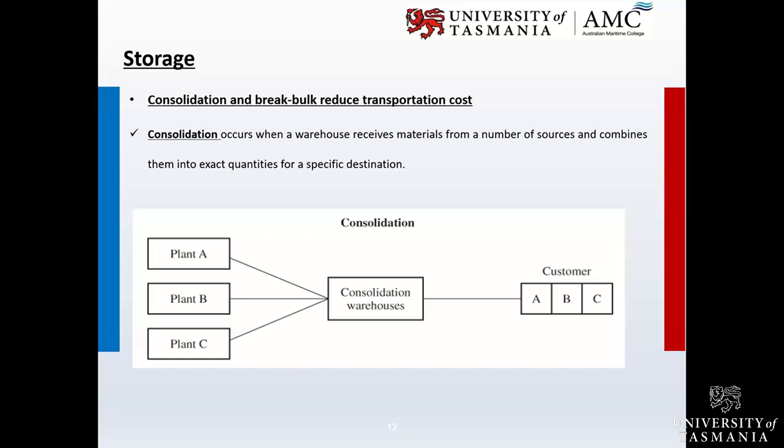The shipments will be received by the consolidation warehouse, and in the warehouse it will be consolidated, and then it will be delivered to a specific destination. The same destination, but there are different customers. So the key point for consolidation function is multiple origins, a specific destination.